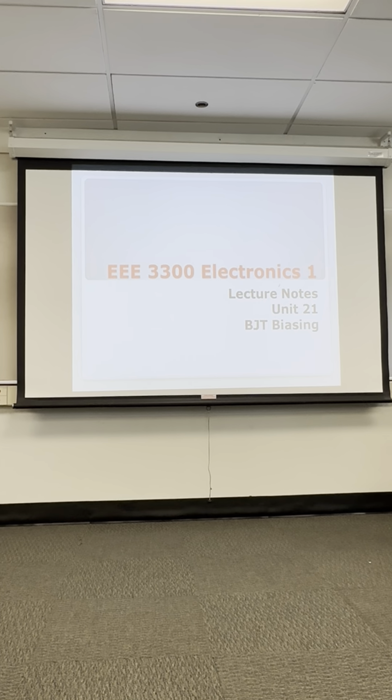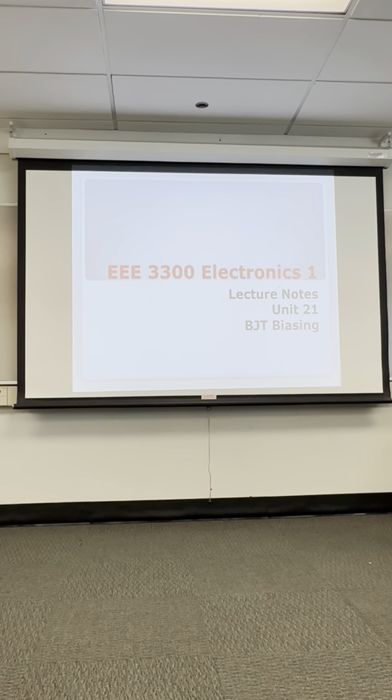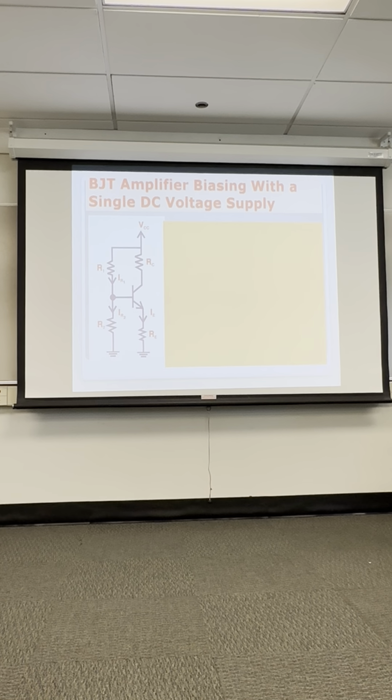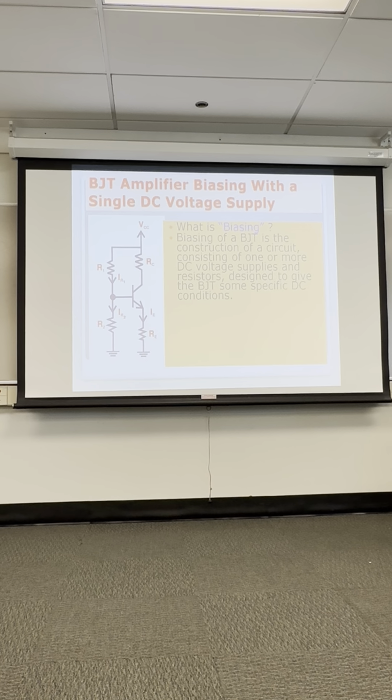Okay, this gets into the biasing of the bipolar junction transistor. We assume it's in the active mode, and now we want it to behave as an amplifier. So this brings up the term called biasing. Biasing for this transistor means adding resistors, two resistors between ground and two resistors connected to the battery.